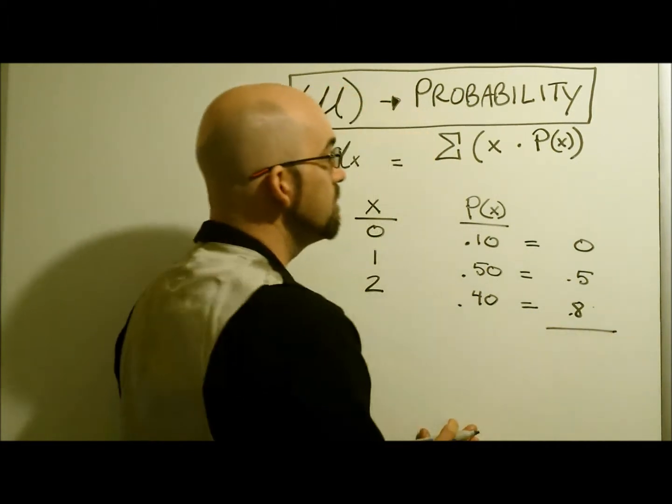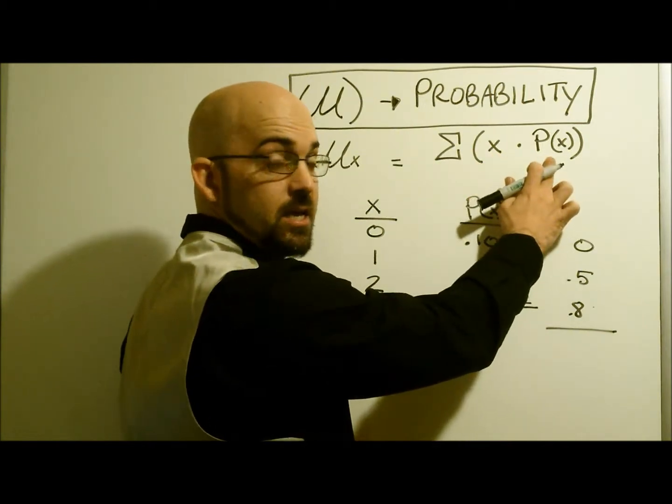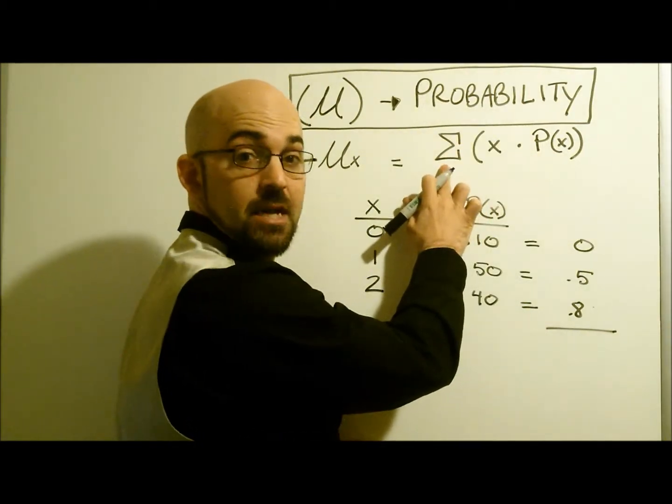What's our next step? Well, we multiplied the x times the probability. Now all we have to do is find the summation.